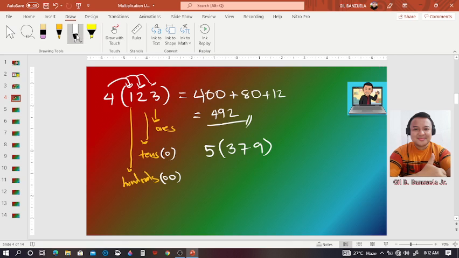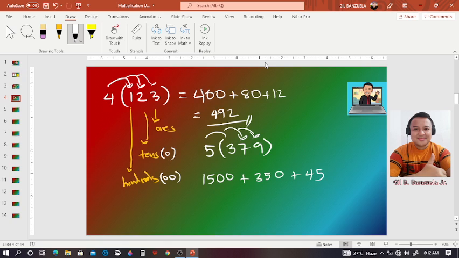Okay? So, again, let's begin. So, 5 times 3, that would be 15. So, again, we are forced to add 2 zeros since 3 is on the hundreds place. Then, 5 times 7, that is 35. Again, we are forced to add 0 since this is on the tens place. Then, 5 times 9, that is equal to 45. So, no 0.